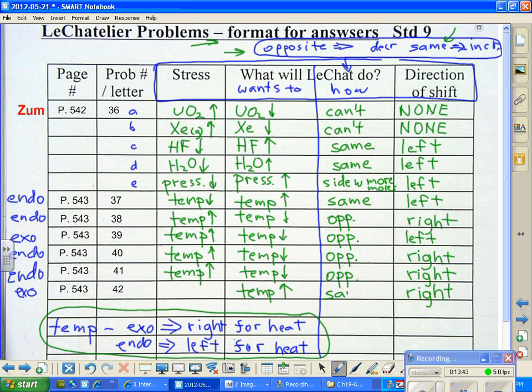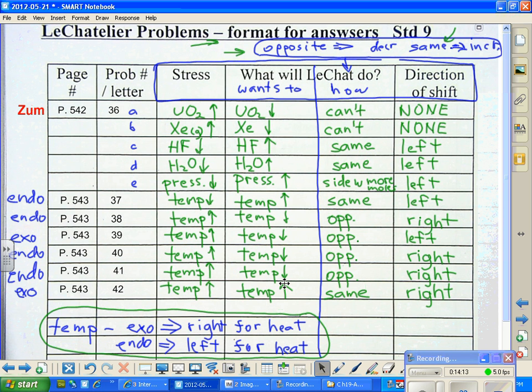And the same side that the temperature is on is the right side. So you see, I'm kind of working this guy backwards. And now that I know that I want Le Chatelier to move the temperature up, I am going to move the temperature down in my stress to be able to get the effect that the question was asking me to get, which is more ammonia. Because when I make more heat, I also make more ammonia. And that's the side that we want to shift to. So we're going to shift to the right.